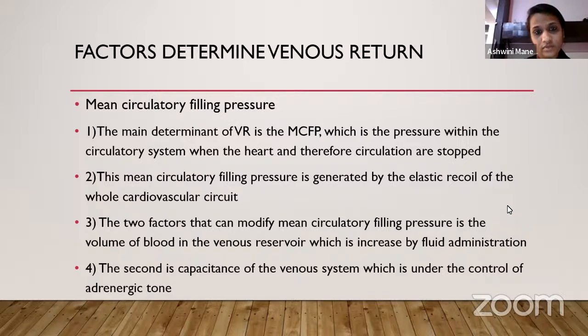The main determinant of the venous return is the mean circulatory filling pressure, which is the pressure within the circulatory system when the heart and therefore circulation are stopped. The mean circulatory filling pressure is generated by the elastic recoil of the whole cardiovascular system. The two factors that can modify mean circulatory filling pressure are the volume of blood in the venous reservoir, which is increased by fluid administration, and the capacitance of the venous system, which is under control of adrenergic flow.